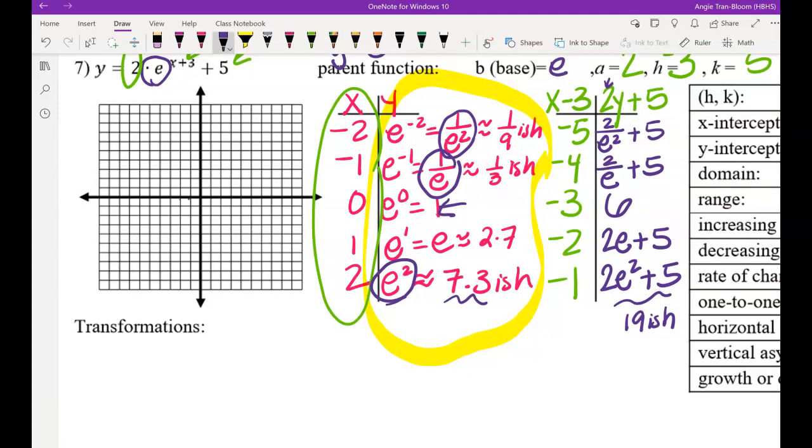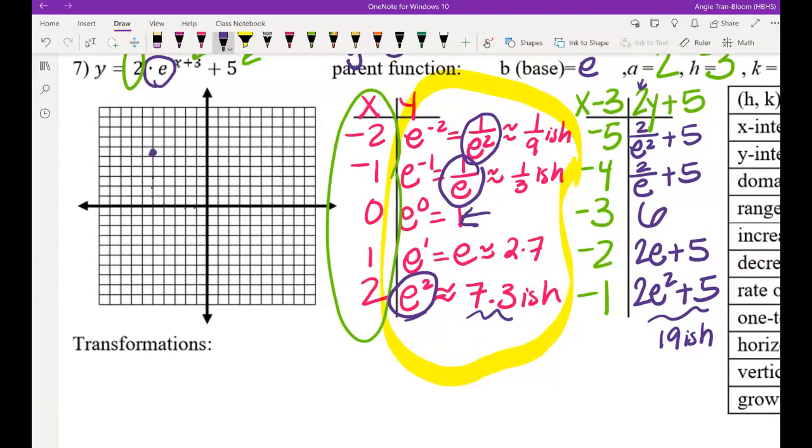So 1, 2, 3, 4, 5, and a little bit above, okay? At -4, similarly, we are going to go a little bit more, but it's still not quite 6. Remember, e is 2.7, so unless we have e divided by e, that will not give us 6, plus 5. At -3, now up 6, just like that.